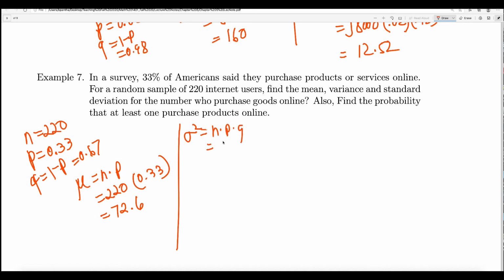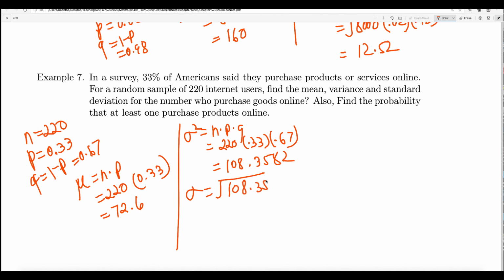That will be 220 times 0.33 times 0.67, which is 108.3582. Now sigma will be the root of 108.3582. You get 10.41. That's what you get.